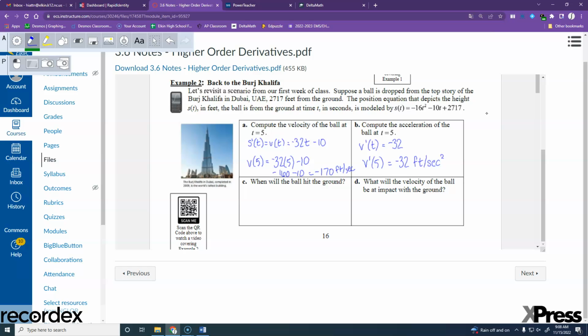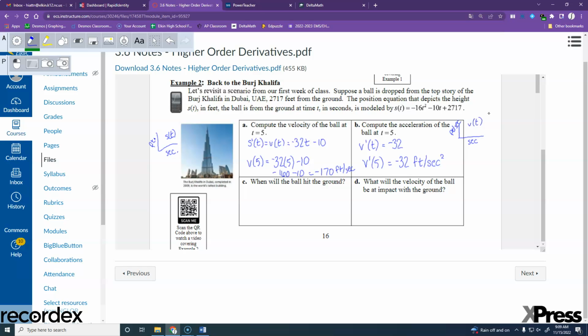If you're thinking about what you're doing here, for this one over here, our graph was seconds on the x-axis, feet on the y-axis for position, right, for s of t. So when we take the derivative, it's changing y over changing x, which is feet over seconds, right? Over here for velocity, we have seconds here, and we've got feet per second.